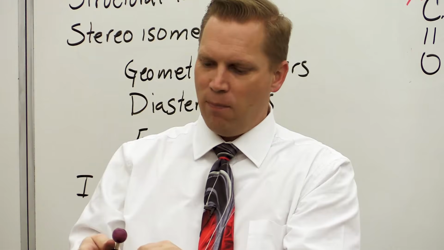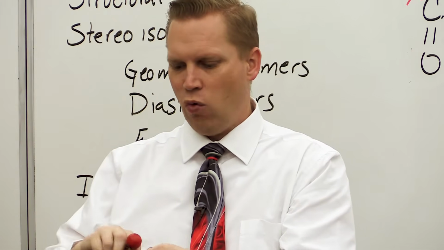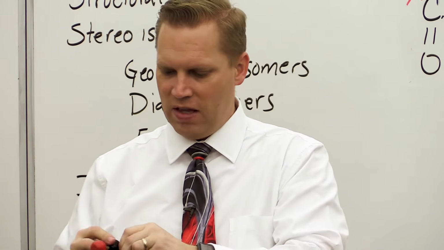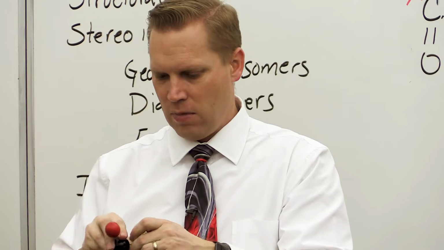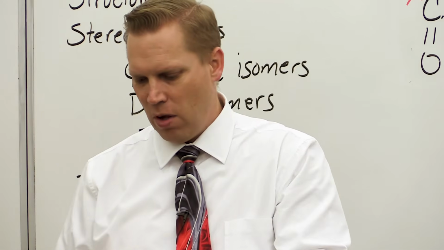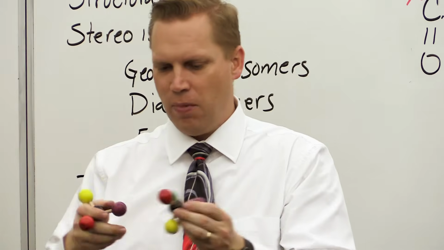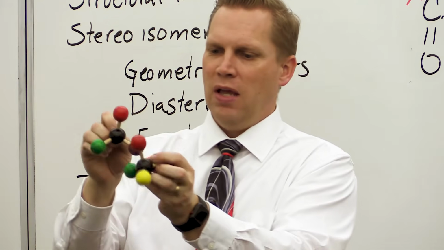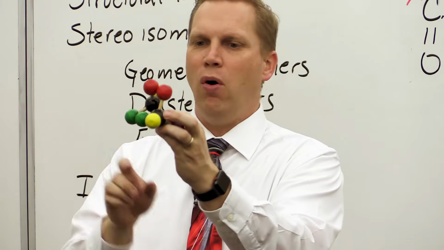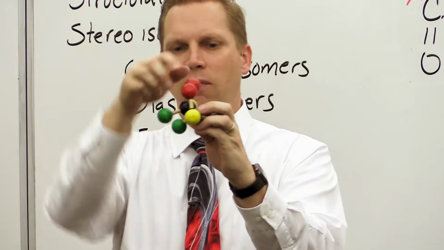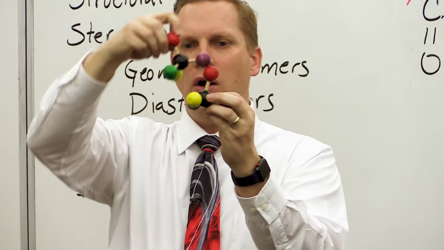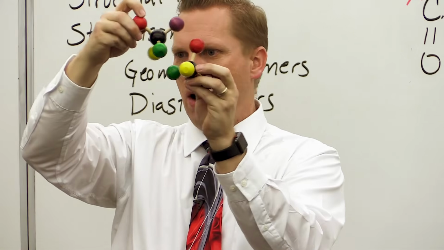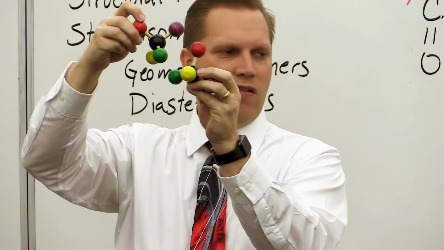However, if I break and swap 2 of these bonds, I still have the same molecule. Everything's still bonded to each other, but now they're no longer superimposable. If I try and superimpose the red and the purple atoms, notice that my yellow and green are now opposite each other. They're going to clash with each other.